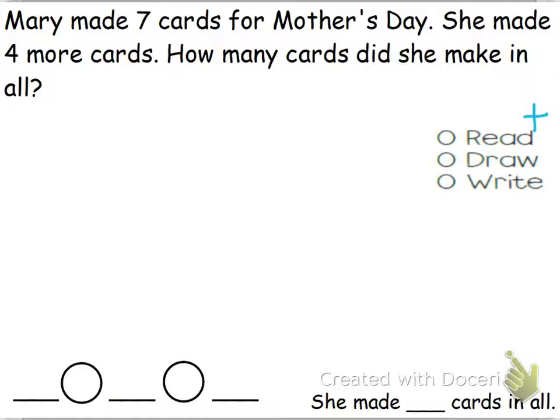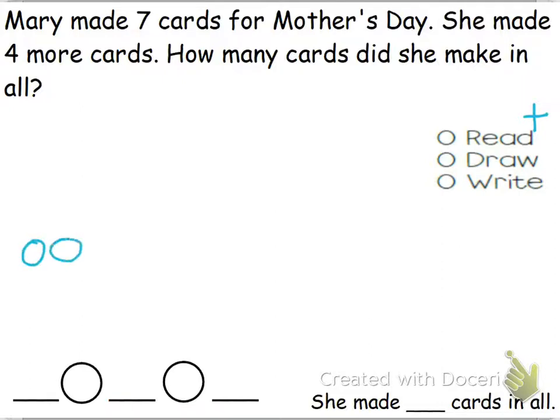Okay. So now we can chunk it, which means read a little, then draw a little. Read a little, then draw a little. So let's chunk it. Mary made 7 cards for Mother's Day. Can I draw something? Oh, I sure can. I can draw the 7 cards that she made.